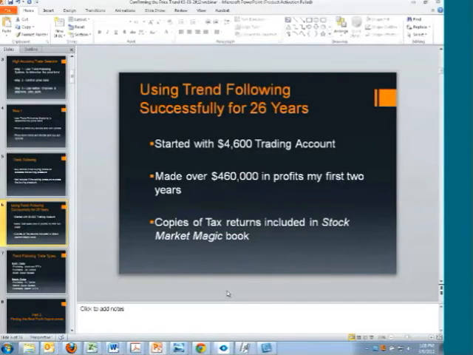So these trend following systems have a long history of success, and I think it's the best overall approach for investors when they're looking to trade a market, to use a trend following system.